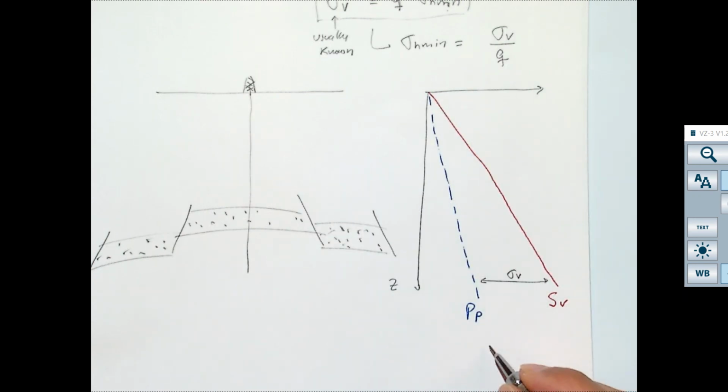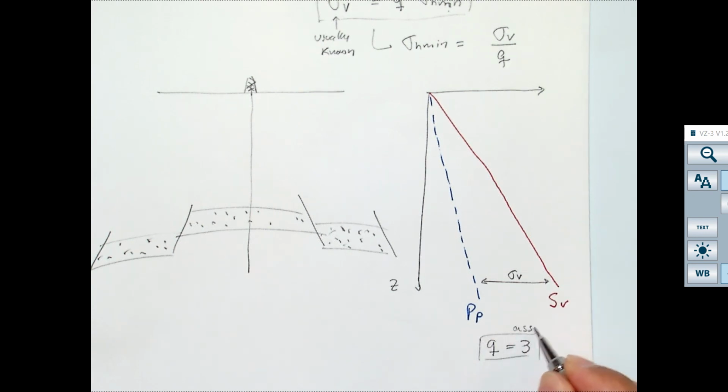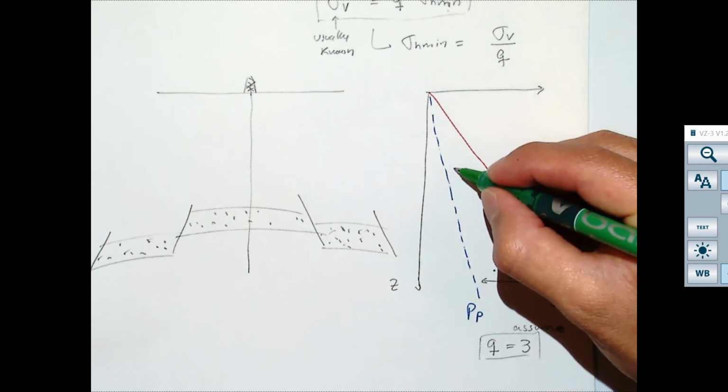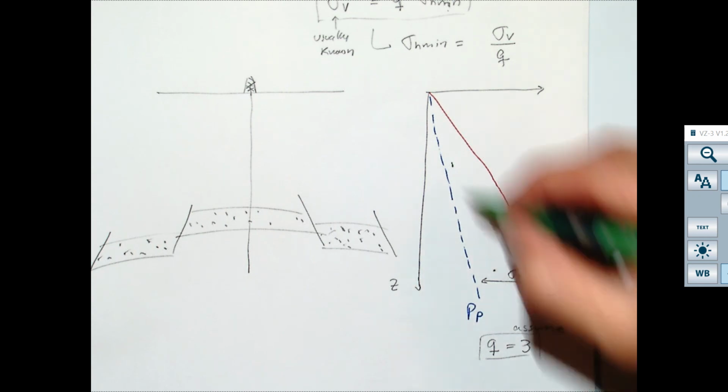Let's say that Q is equal to 3. I'm assuming it can be different than that. So what is going to be the value of the minimum effective horizontal stress? It's going to be a third of this. So a third of that, somewhere over there, and proportionally it's going to be somewhere over there.